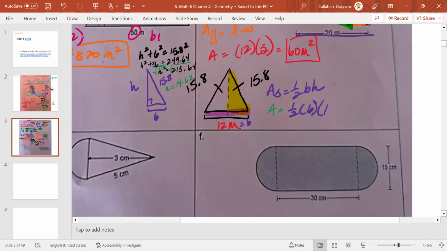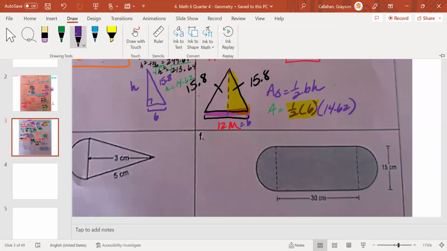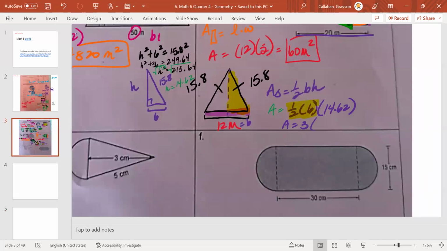Height, which we just found, was 14.62. Half, remember one of the things I showed you how to do with this? We did 1/2 of 6 is what? 3. 14.62.